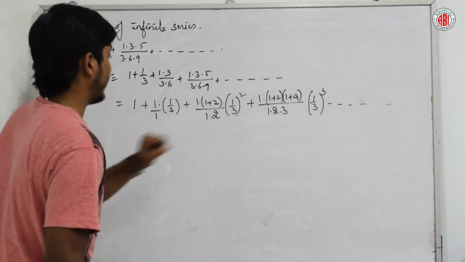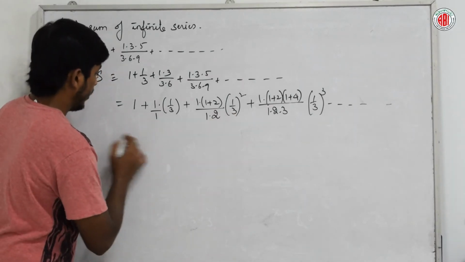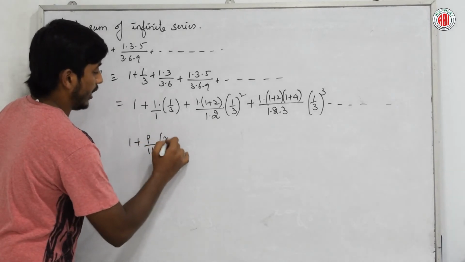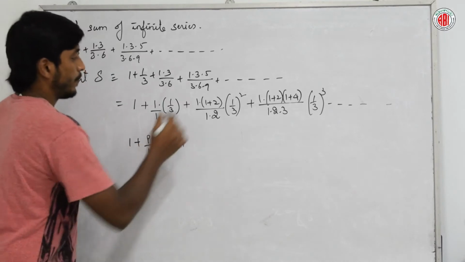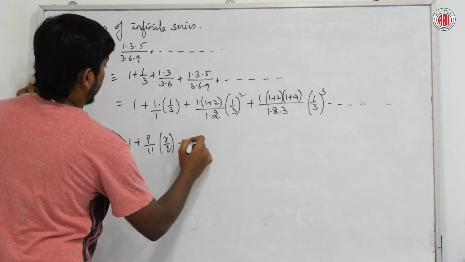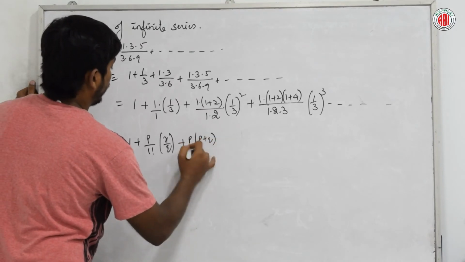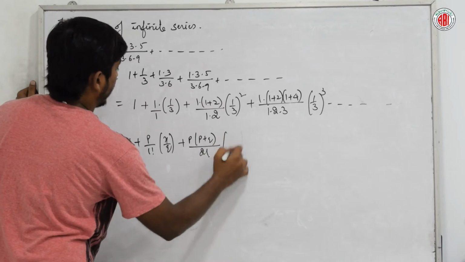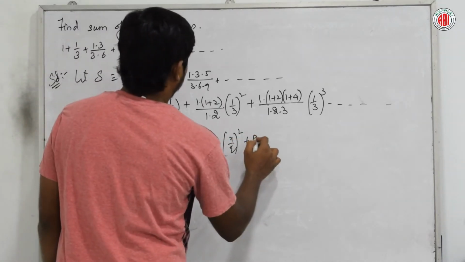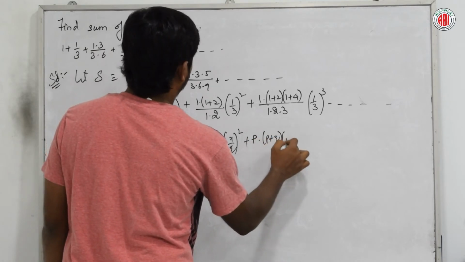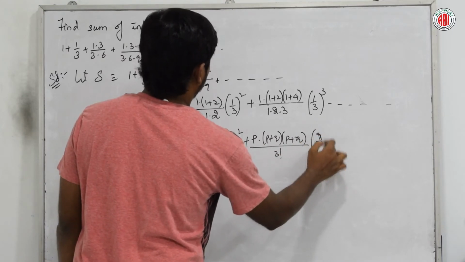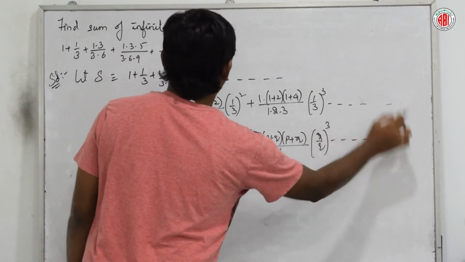Now let us compare this with 1 plus p by 1 factorial into x by q plus p into p plus q by 2 factorial into x by q whole square plus p into p plus q into p plus 2q divided by 3 factorial into x by q whole cube and so on.